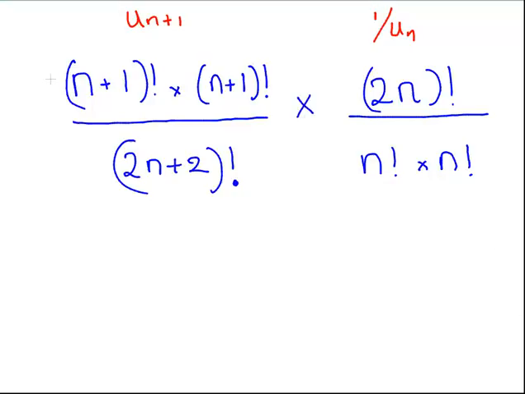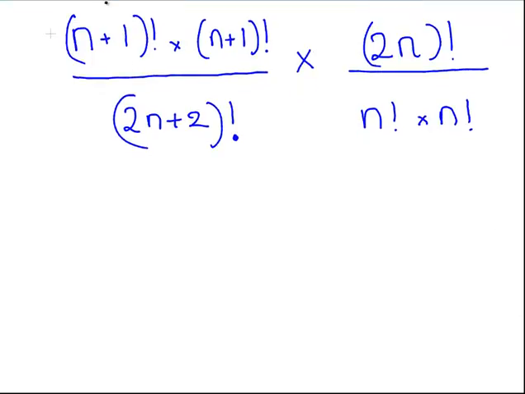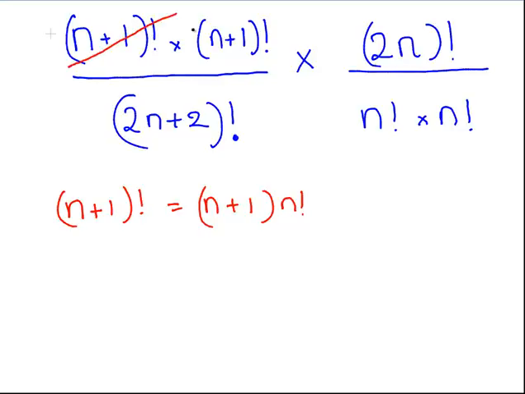That's a multiplication sign. But what we're going to do is start cancelling bits out. (n plus 1) factorial is n plus 1 times n factorial. If I express (n plus 1) factorial as n plus 1 times n factorial, I can get them to cancel out, just leaving n plus 1.